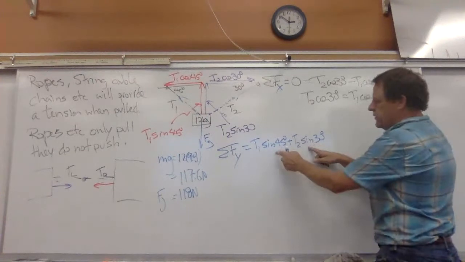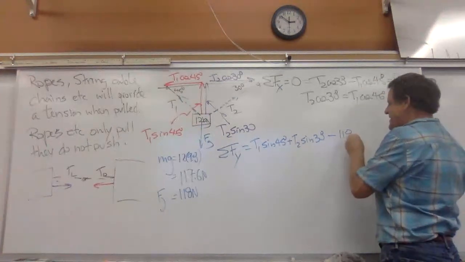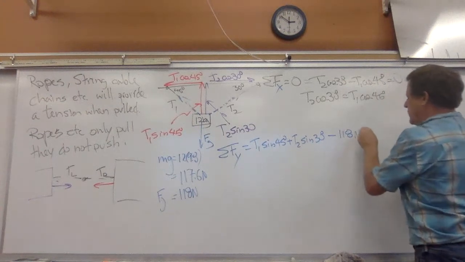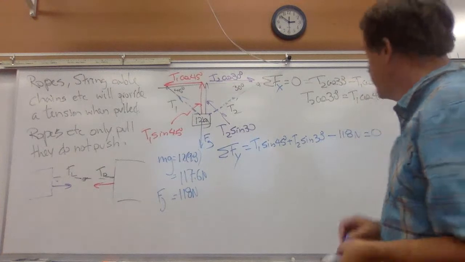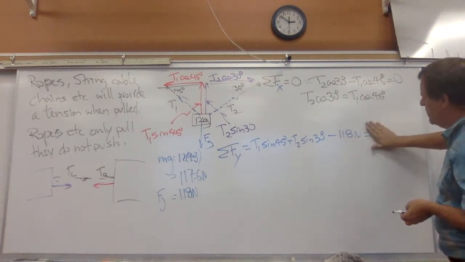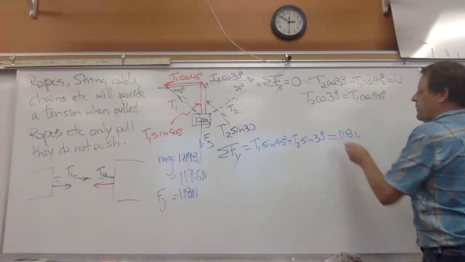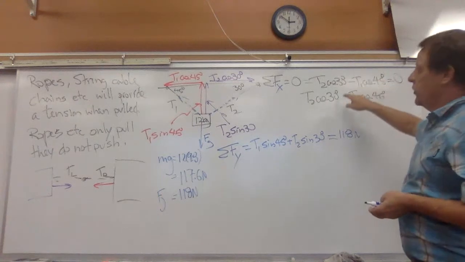And these two are going up, and that's going to be minus 118 newtons, and that's going to equal 0 because they're not moving. Now, we're going to take this 118 and bring it to the other side, making it positive, and now we're just going to have equals. So now we're going to have two equations with two unknowns.